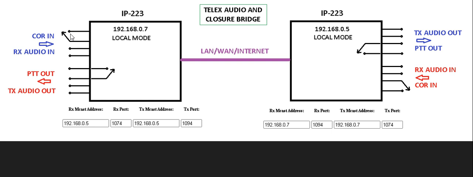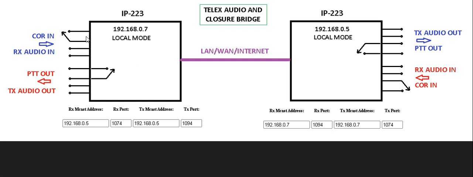Now to duplicate that same closure, you would need at the distant end a relay that would click at the same time that the closure happened at the near end, and that's what we have here. So we have a COR indication here, and that is translated at this distant end to give a relay closure. And let me explain how that's done.